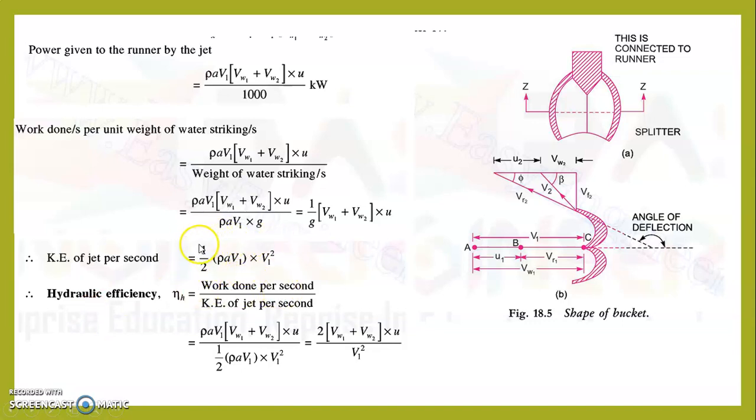So either you can use the kinetic energy equation half mv square, or we can use rho g qh. For water power we can use the half mv square or rho g qh equation. Okay. For hydraulic efficiency, we will be substituting net power by water power.